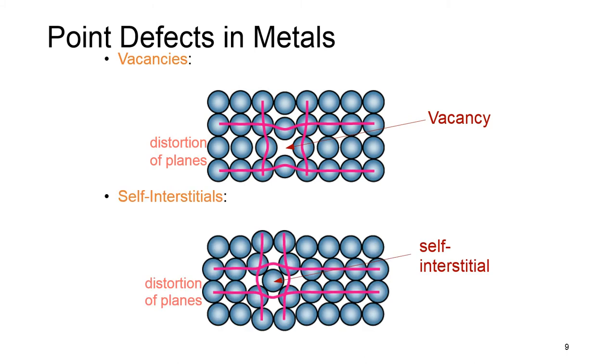If these spaces are occupied by an extra atom, or if there is an extra atom sitting in an organized plane of atoms or crystal beside each other, this again results in another type of distortion in the planes, as you can see in the pink lines again, and this is called self-interstitials. In other words, there is an extra atom positioned in the atomic sites.